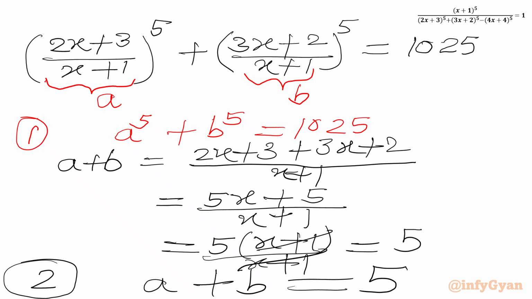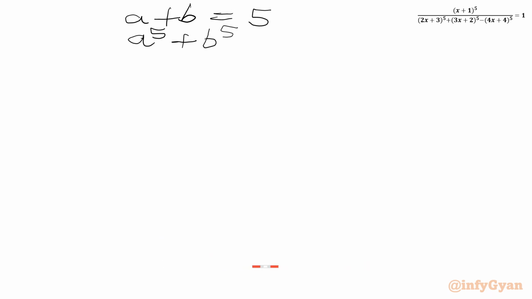Now we have to solve this new system of equations for the value of A. Once A is known, x is also known. So let me write both equations once again: A plus B equal to 5, and A power 5 plus B power 5 equal to 1025. Now I will use binomial expansion.